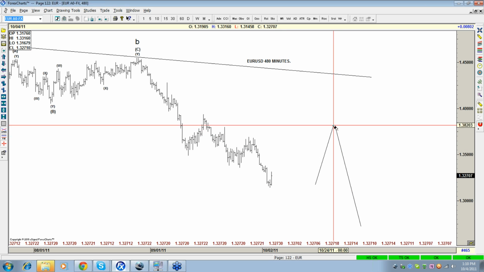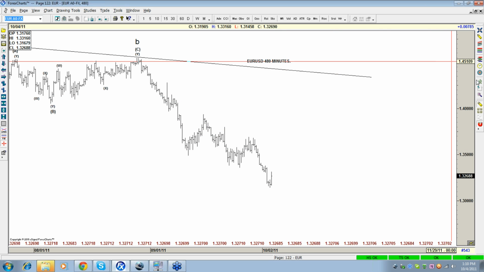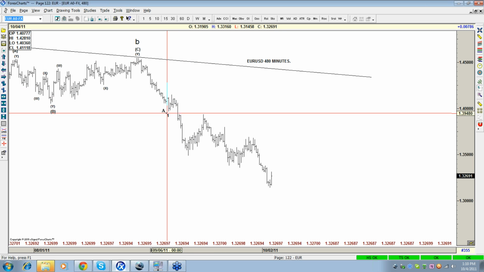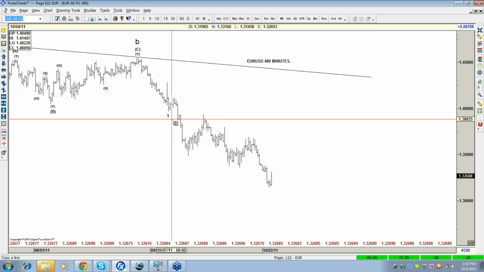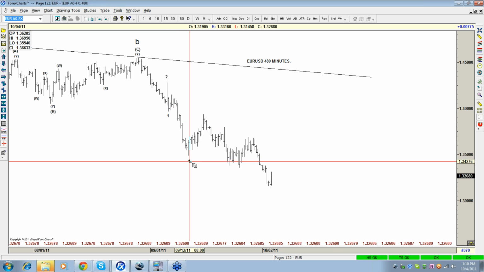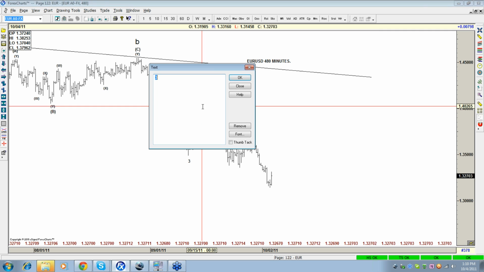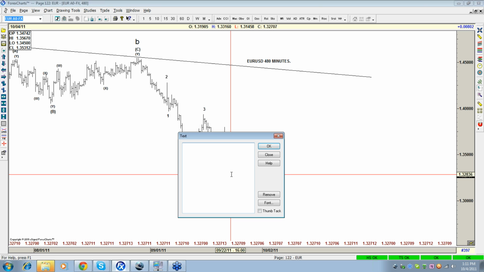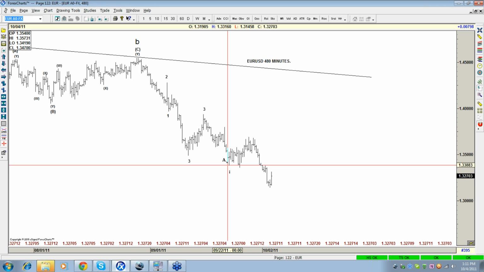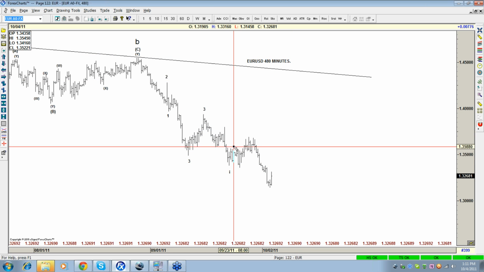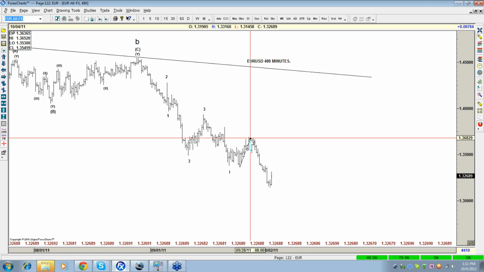You have one move, and then you got something like this. You got the 1 here, a 2 here, then you got a 3, you got a 4, and then you got a 1 here, and 3 waves A, B, C. You got a flat A, B, C. It can become 5 waves.